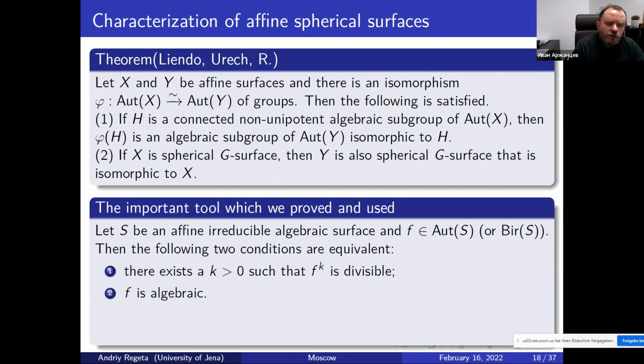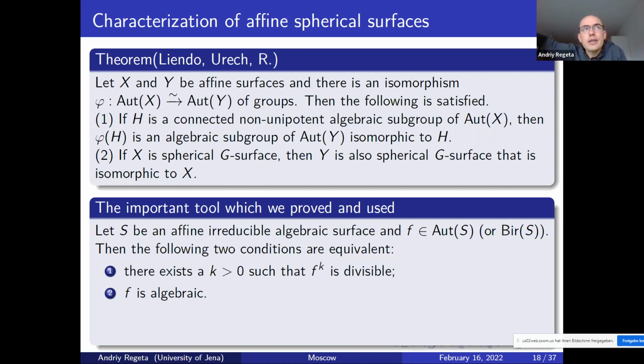Then I don't understand, why do we need this K here? Is it possible that F is not divisible, but F power K is divisible? Yes, it's possible. For example, take G_m and take a finite extension of G_m. Any element inside of G_m is divisible.